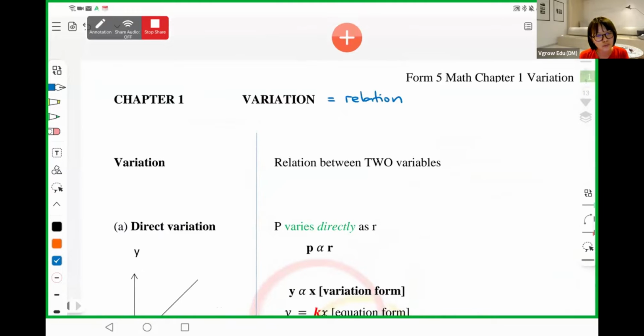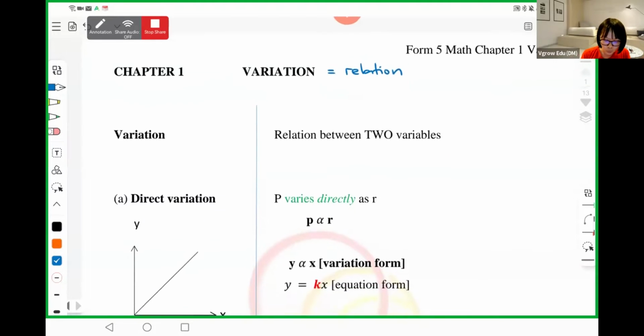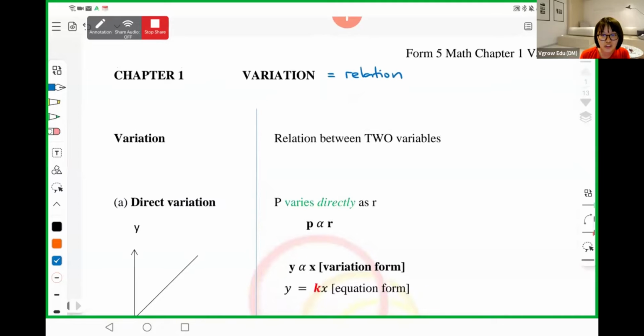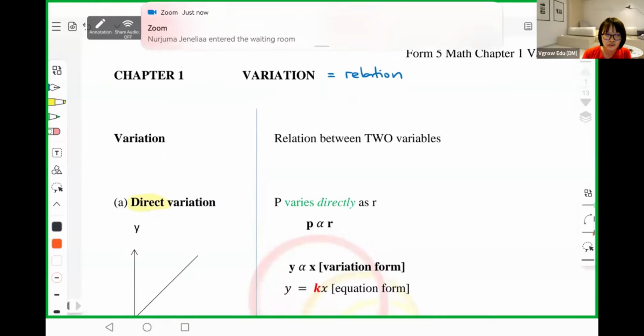Usually it's x and y, but it can involve any other variables, can be A, can be B, as long as two variables. We only have two types of variation in this chapter, which means two types of relation. The first one is known as direct variation.